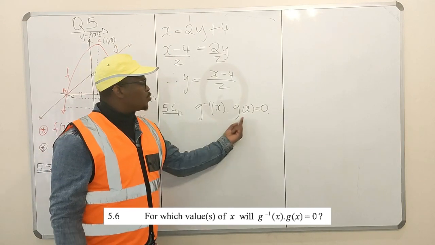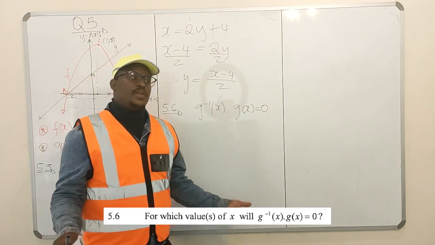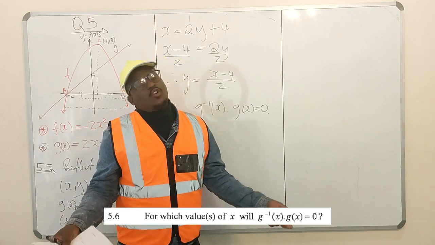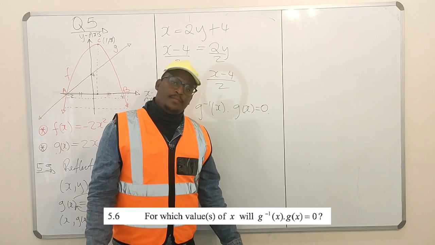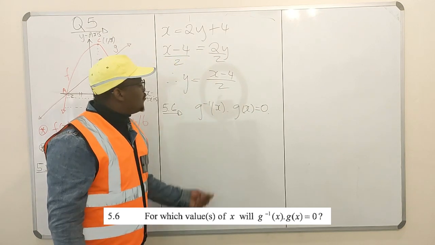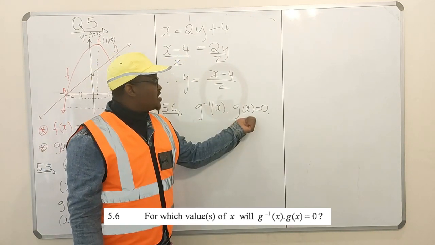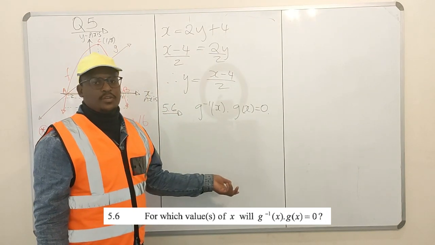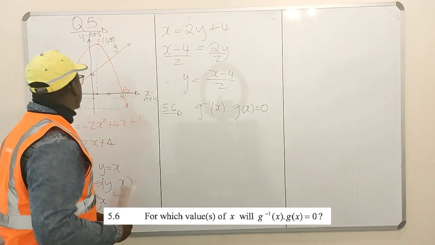So, if you're multiplying a and b and the product is 0, it's either a is 0 or b is 0, or both of them are 0. So, if you multiply the inverse and the original and the product is 0, then at least one of them is 0 at that point. How will you achieve this?